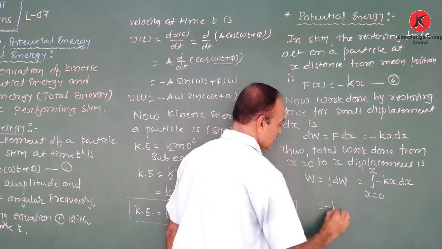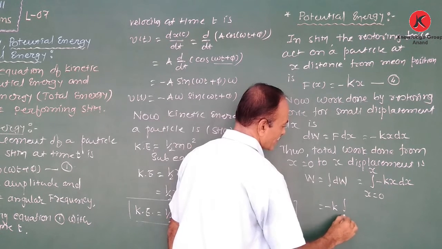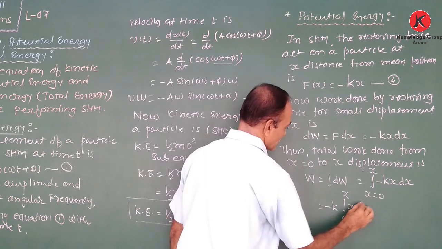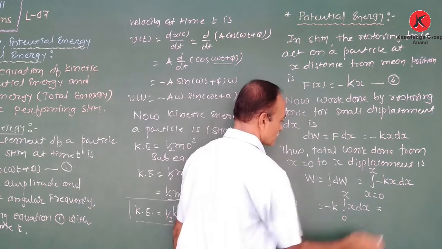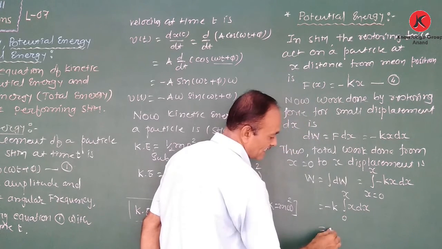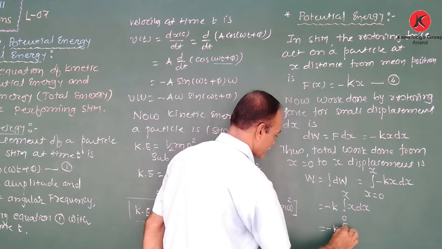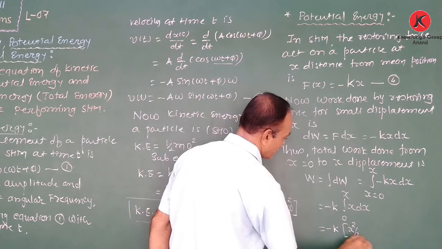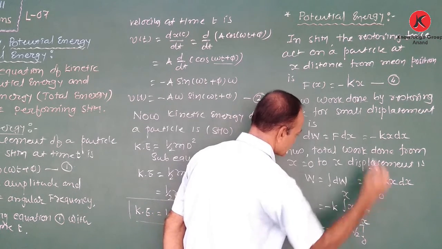So here minus k is common, taken out, integration from 0 to x of x into dx. Therefore, it is equal to minus k, here x square by 2, from 0 to x.